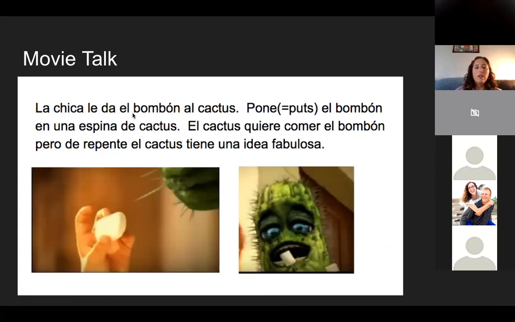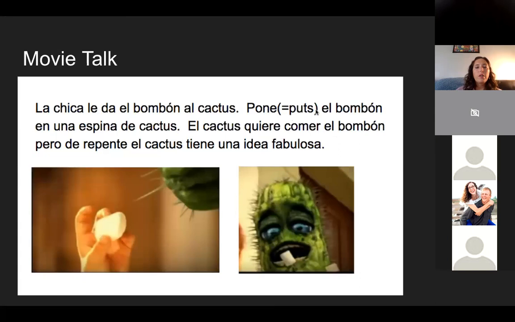So this is a commercial about a cactus with marshmallows on the thorns. And so I would read this. It says, the girl gives the marshmallow to the cactus. I went ahead and just put that word in there because we hadn't covered it yet, so I needed to make it comprehensible.